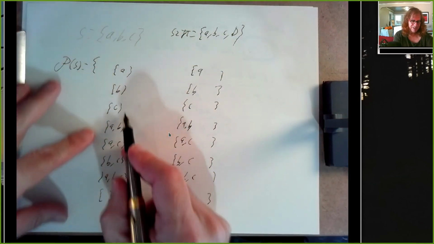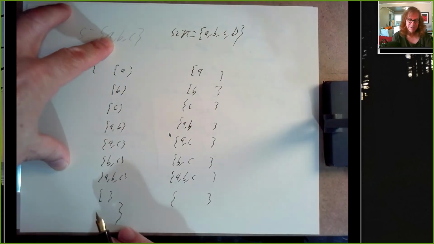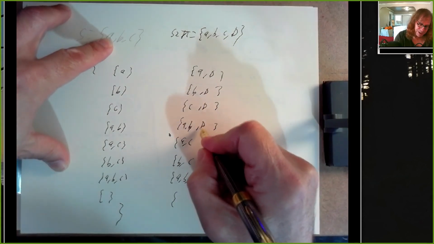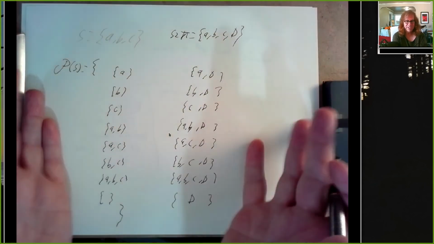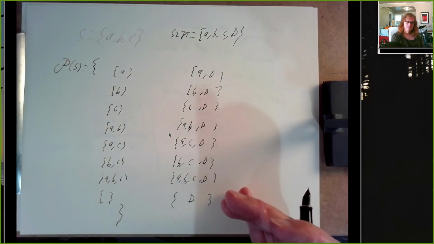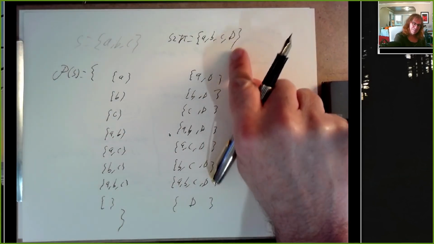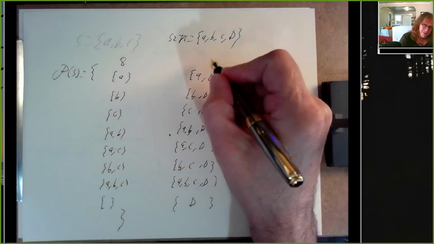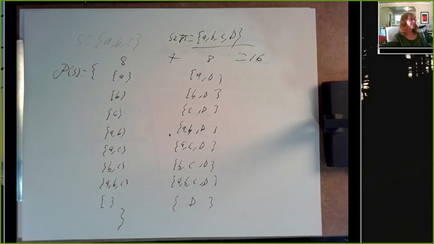Well, all the sets that I listed as subsets of ABC, those are certainly subsets of this. But none of those contain the letter D. If I take each of those and I add the letter D, I get another collection of subsets. And that's the whole set of subsets. Either subsets of that or subsets of that plus the letter D. And if I know that I had 8 here, then I've also got 8 here, and so the number of subsets of this will be 8 plus 8 is 16. That's the intuition of everything we just did.